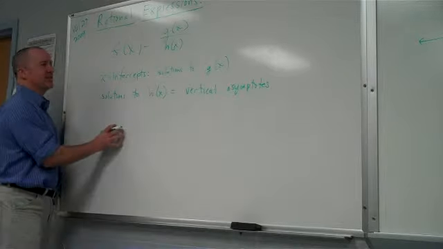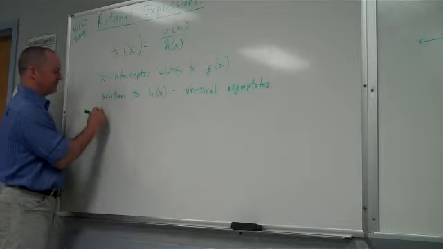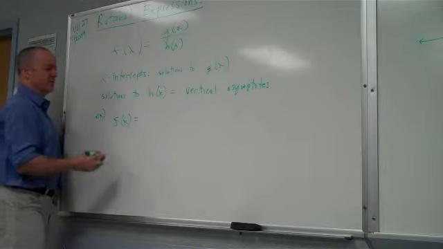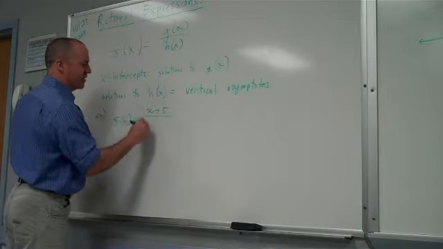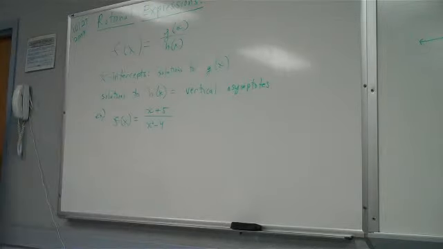Let's do an example. f of x equals x plus 5 over x squared minus 4. Keep it simple for now.